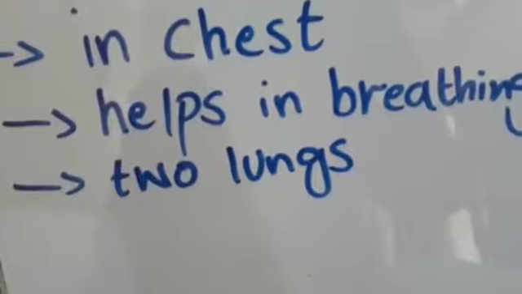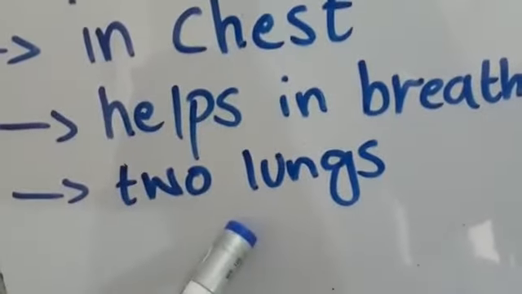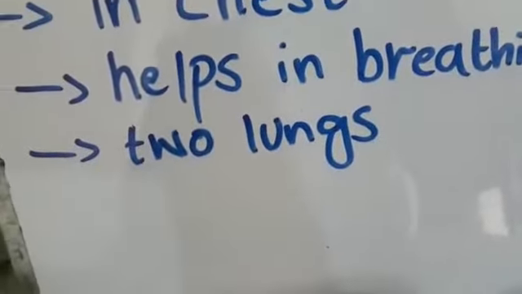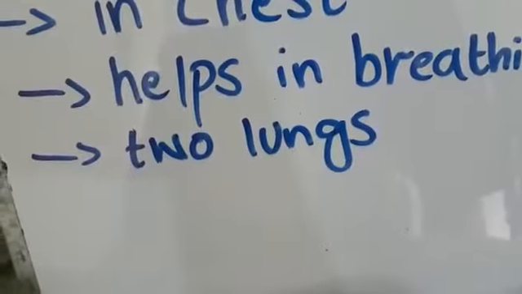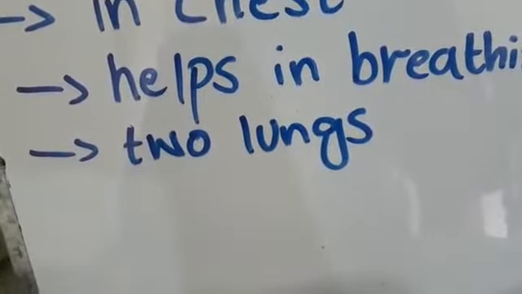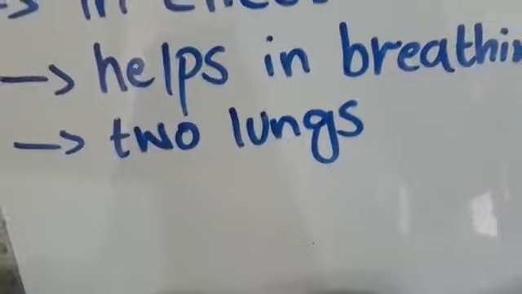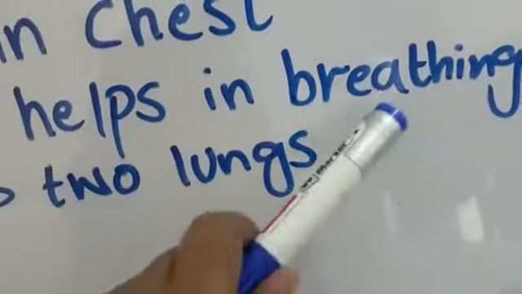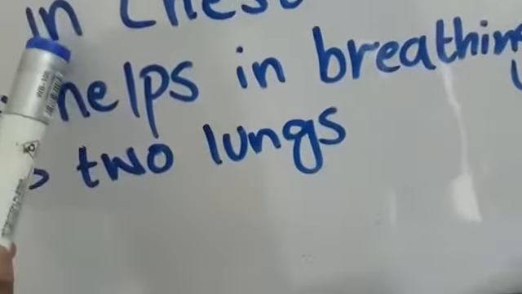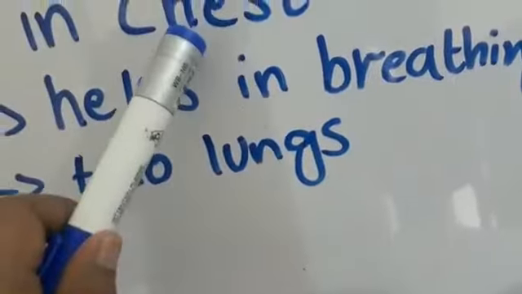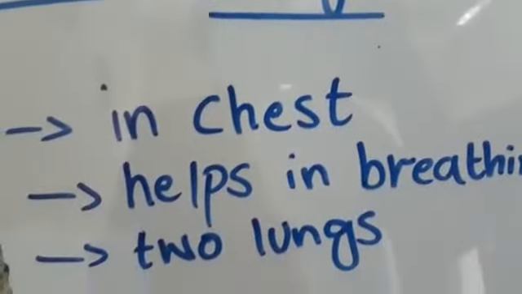How many lungs are there in our body? 2 lungs. We have 2 lungs in our body. They help us in breathing and are located in the chest.